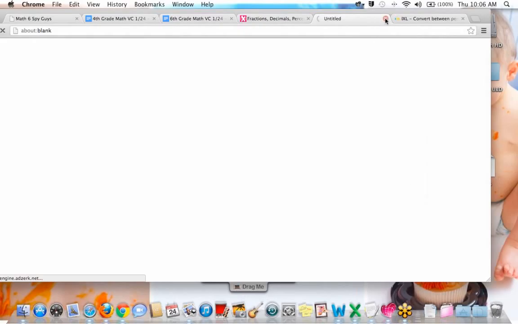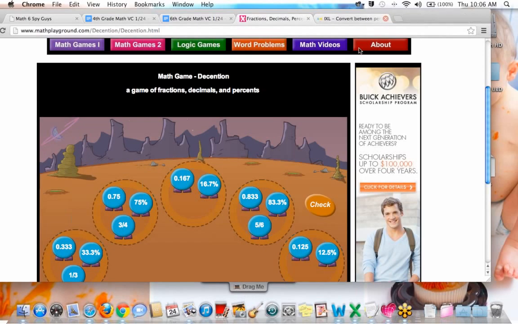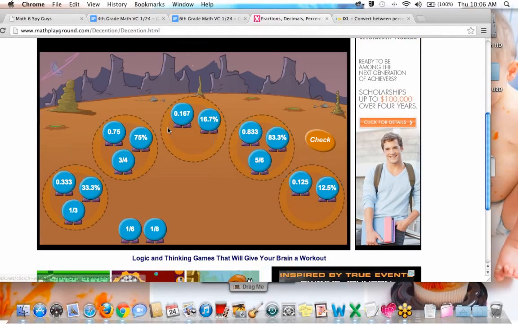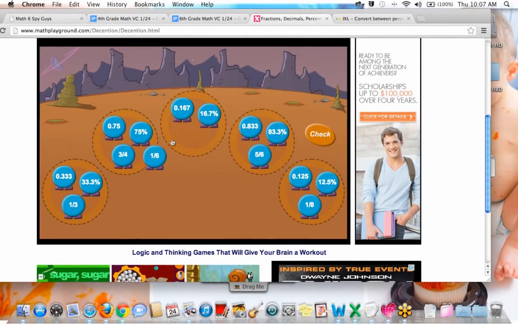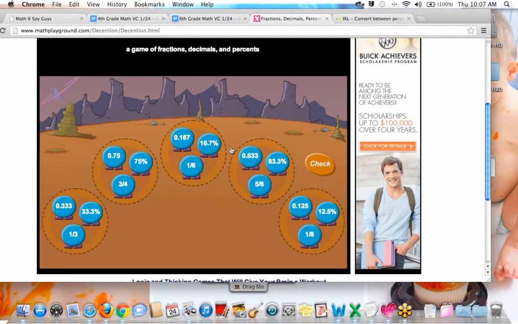Oh, sorry. I guess I clicked on something else and it went away for a second. There we go. Now I'm looking at 16.7% and I'm looking at 12.5%. And 12.5% is a little bit smaller. So which one of these fractions is smaller? Good, 1/8.